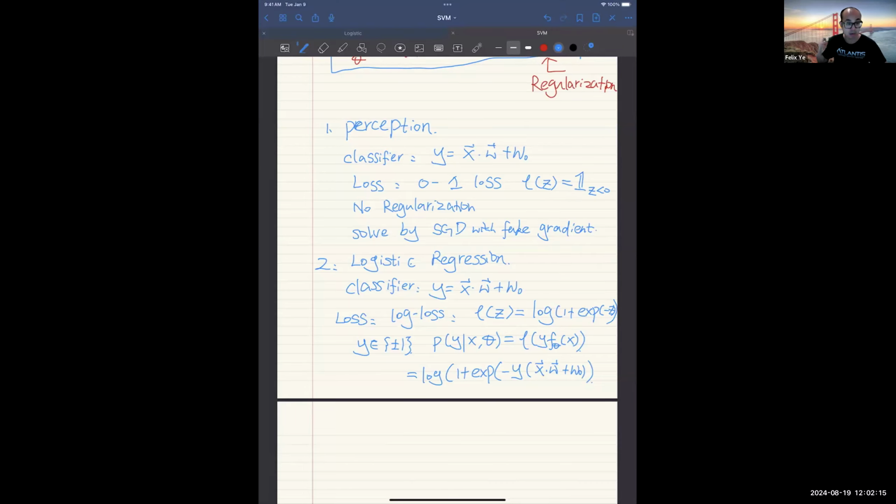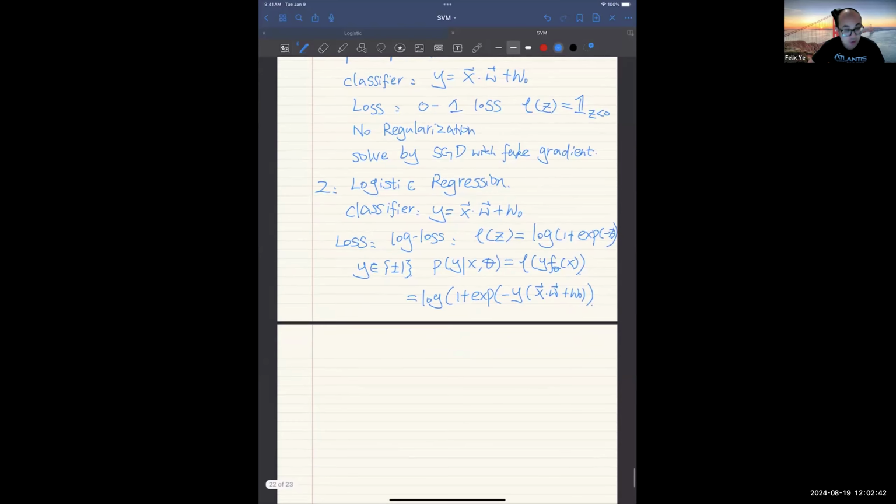So this is my probability, and if you plug in what we already have, the total loss is just what we had on the cross entropy, the cross entropy losses.